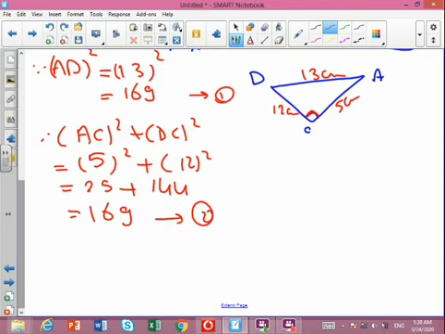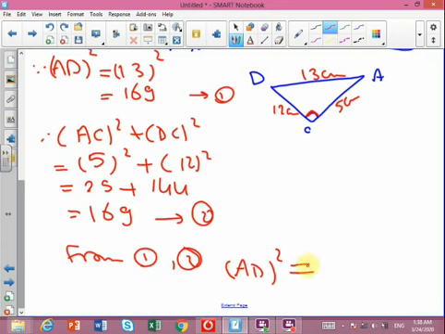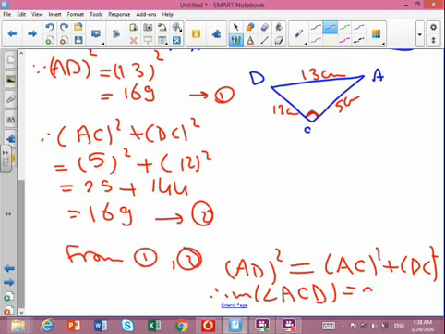So this is number 2. From 1 and 2, what? AD square is exactly equal to the sum of the squares of the other two sides. So therefore measure of angle ACD equals 90.